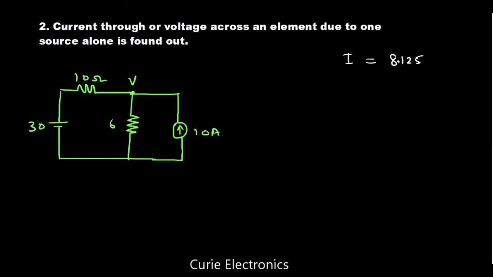I will consider this node voltage as V. Using superposition, we've got the answer as 8.125 amps. Let's verify whether it is correct.